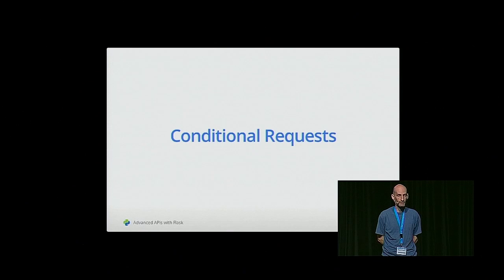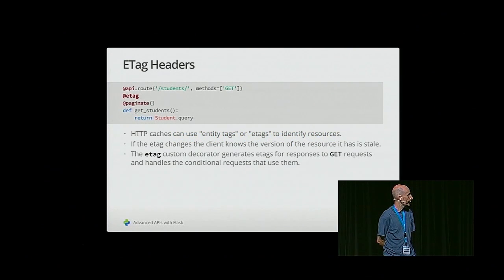So, for example, if the client has a response that is in the cache, the client can ask the server if that response is still valid, and if the server says yes, then there's no need to transfer that response over the network again. One of the mechanisms that the HTTP protocol uses for this is called entity tags, ETags, and this is how I do it.